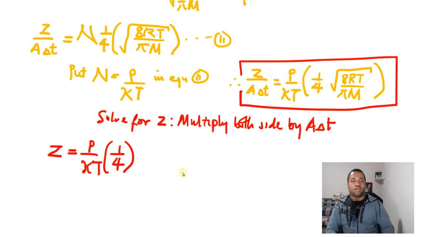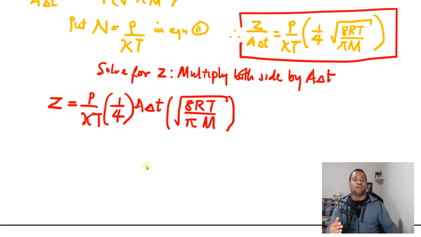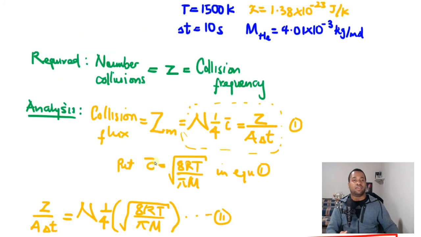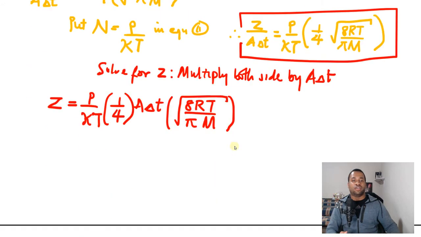Take note that we also have our area and our time, and this is then multiplied by the square root of 8RT over pi times the molecular weight. Once we have this equation, we'll be able to solve for Z by putting all our givens into this expression.